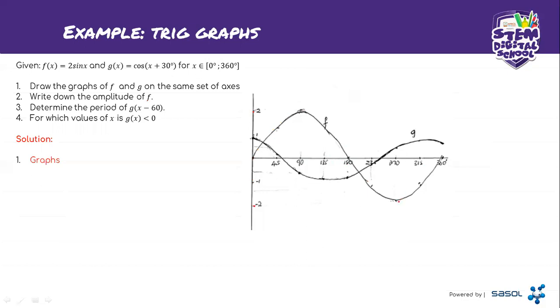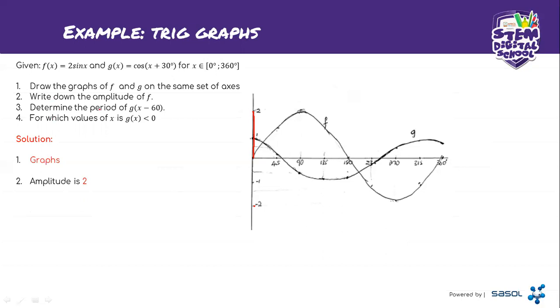If you take a line from this center line, the height of the maximum is 2. Hence, the amplitude of that particular graph is 2.